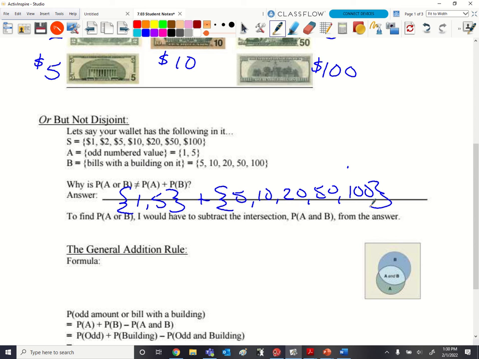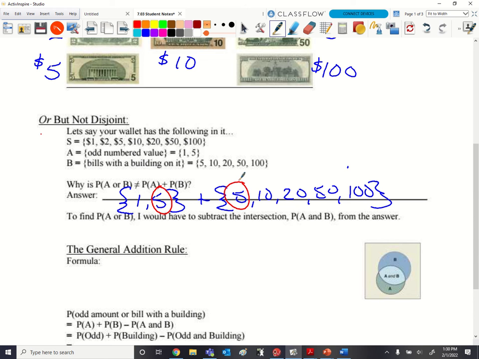Now, anyone see a problem with these two sets? What's wrong with the 5? It's in the first set and the second set, isn't it?